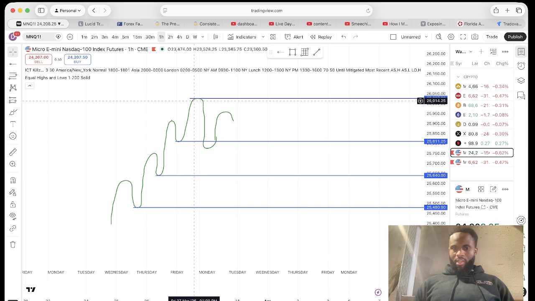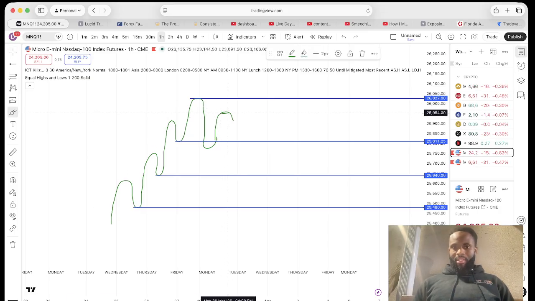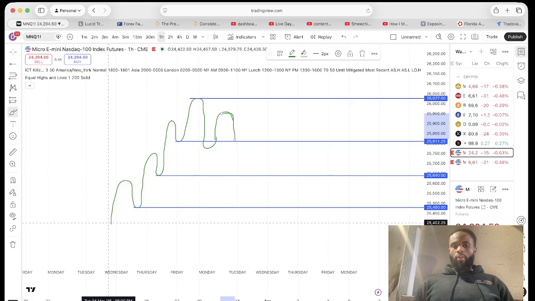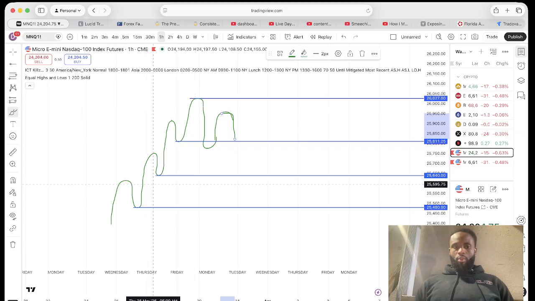So this is a higher high. We're now starting to form a lower high, because this high is lower than the previous high. Before, we were on a bullish trend, an uptrend. We created higher highs: a high here, another high here, another high here.